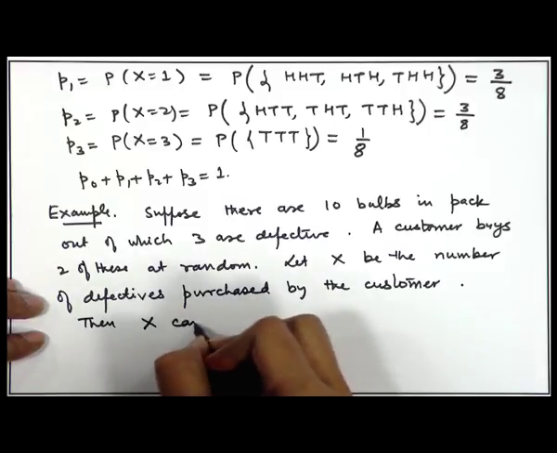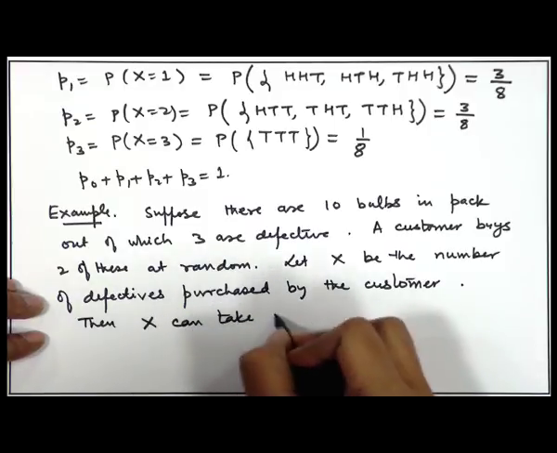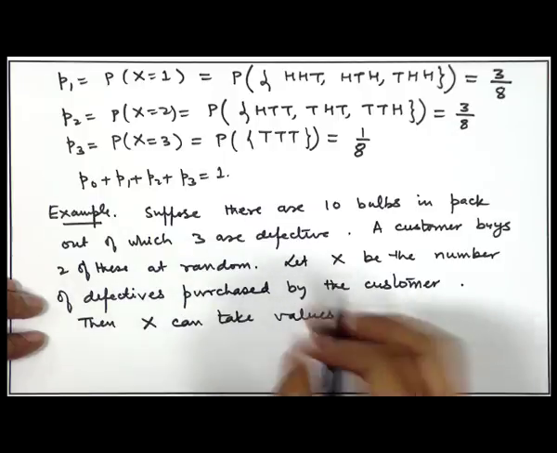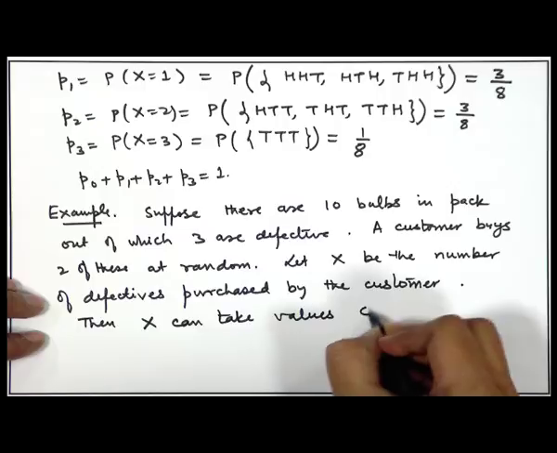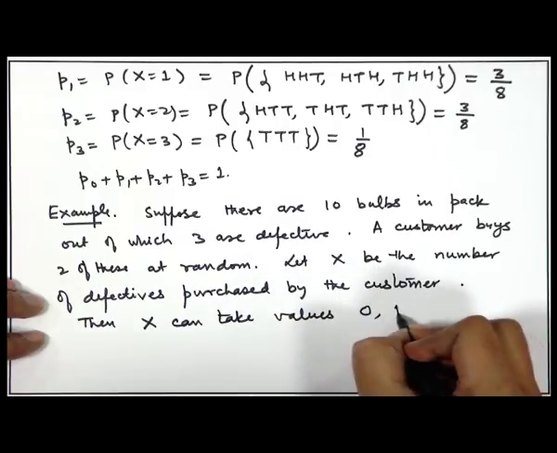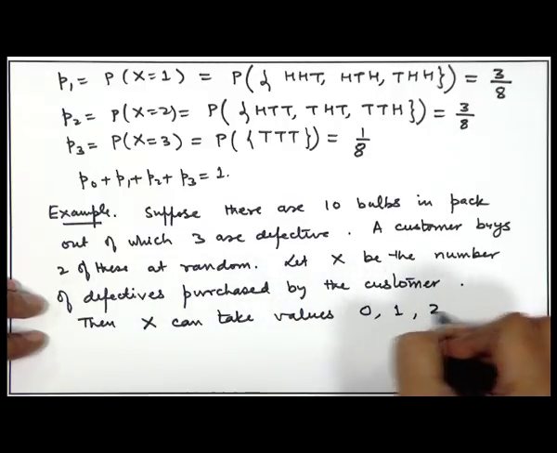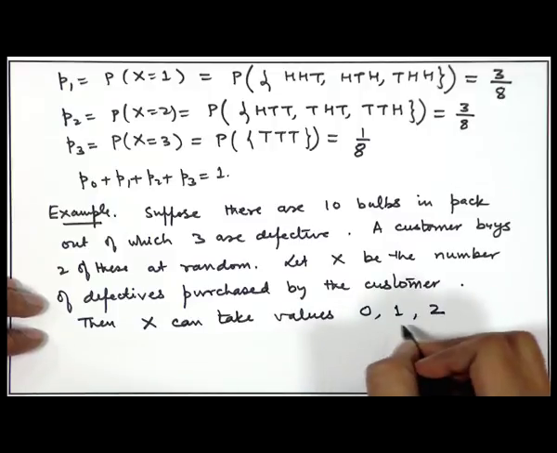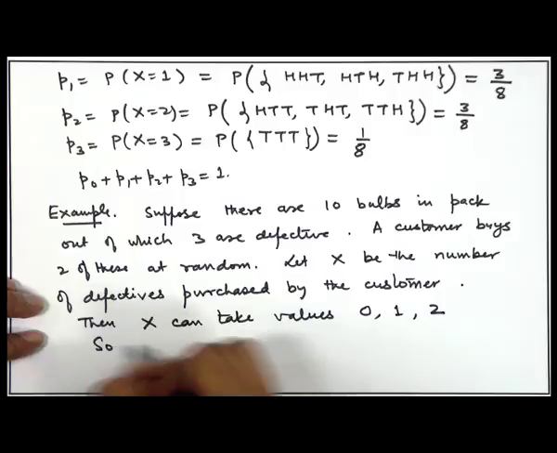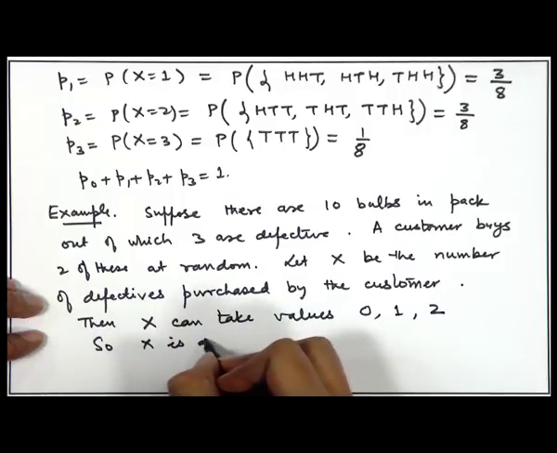X can take values. So, out of 2 maybe all are good, so that means 0 defectives, 1 may be defective or both may be defective. So, this x is a discrete random variable.